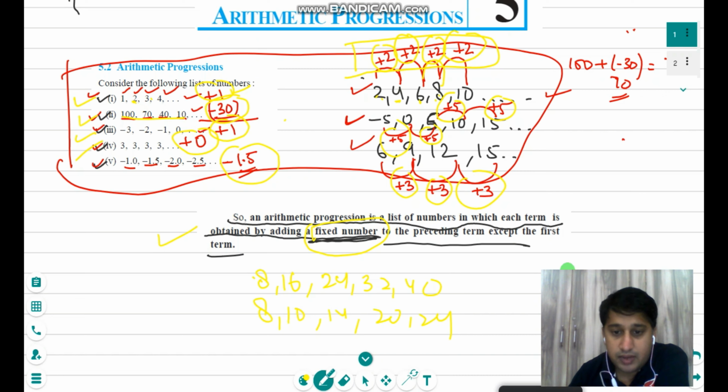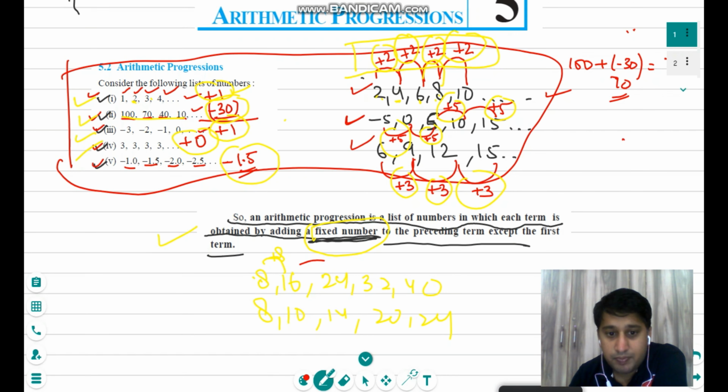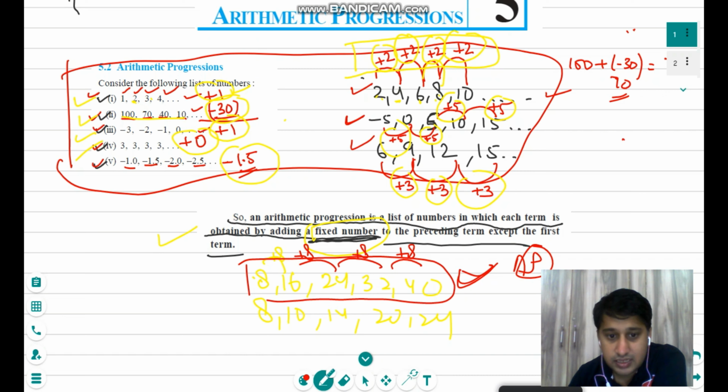And then we can see a fixed number is added, plus 8. Let me change the color, it's not much visible. And then again we have added plus 8, and then again plus 8, and again plus 8 to obtain the next number. So this is an AP. This series, the upper one, qualifies as an AP.